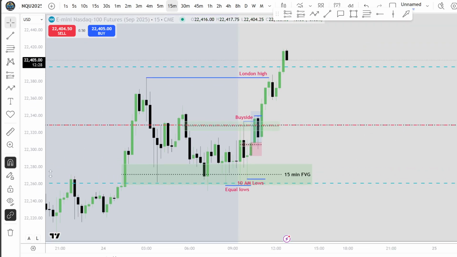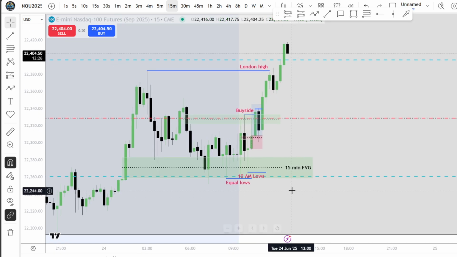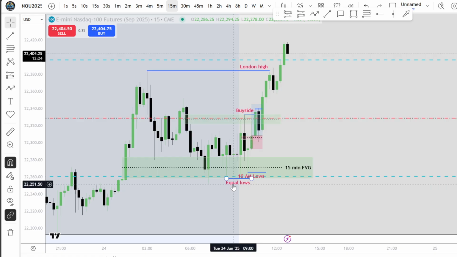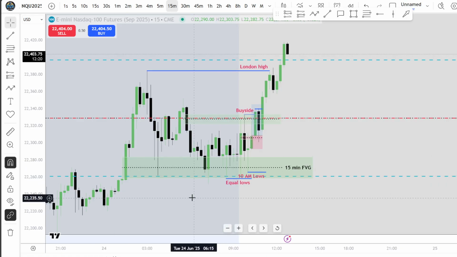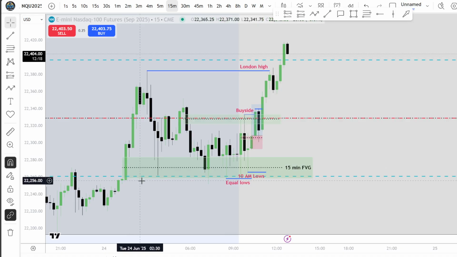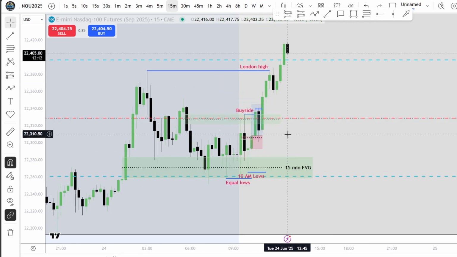The lower quadrant that we used for upside was together with the 15-minute fair value gap. So both of those PD arrays in discount for this range were used to push price higher, which was my bias, because we don't pick a top in higher time frames.